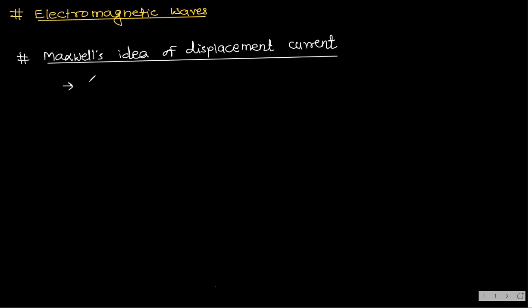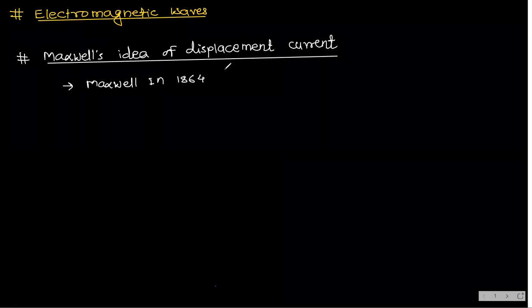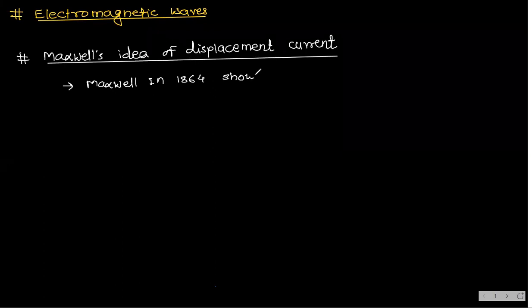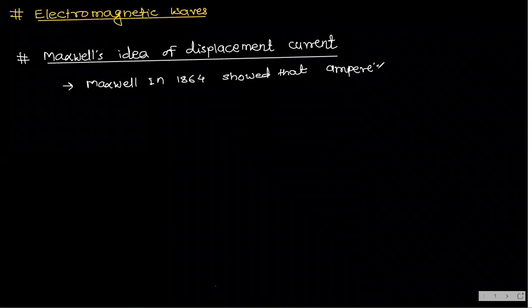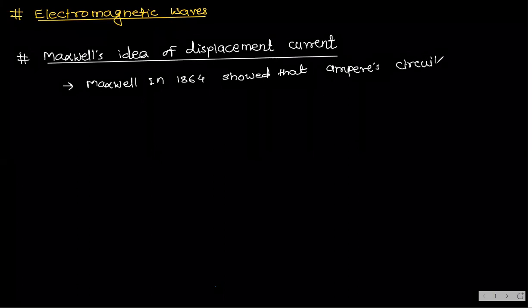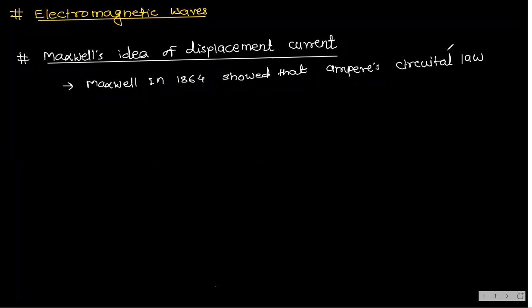So first of all, Maxwell in 1864 showed that Ampere's circuital law is logically inconsistent.